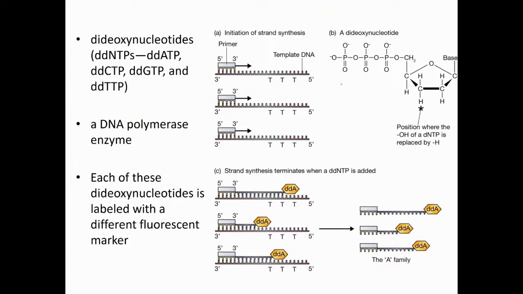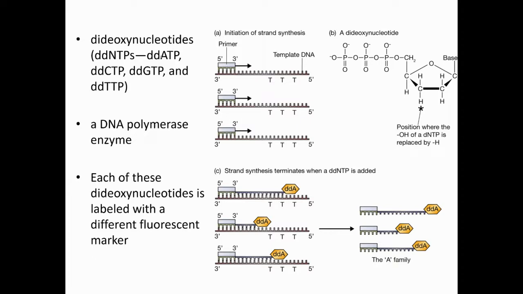And for the detail here, the dideoxynucleotide can be ddATP, ddCTP, ddGTP, or ddTTP, right? But for the chain termination method, you need to perform 4 different reactions. In each reaction, you only add one type of dideoxy NTP.